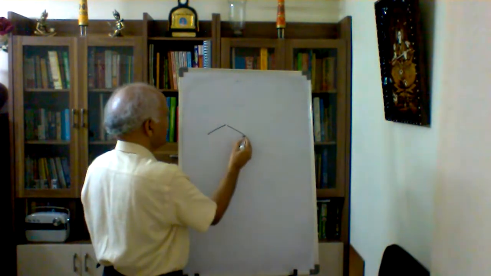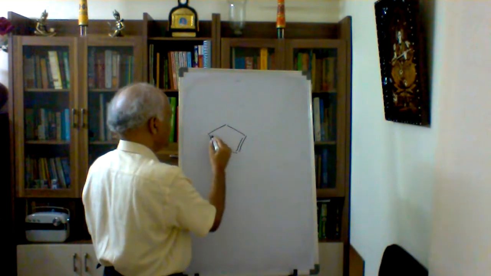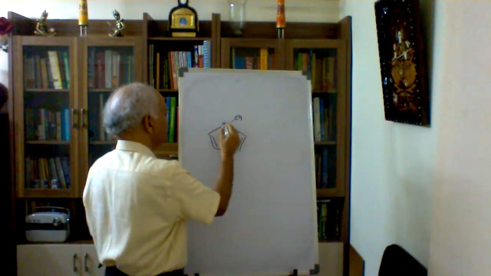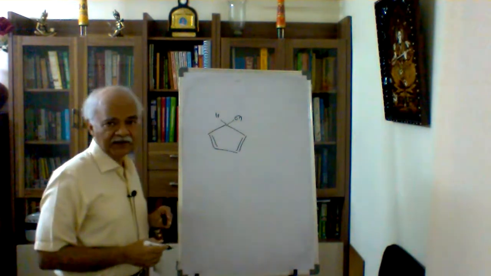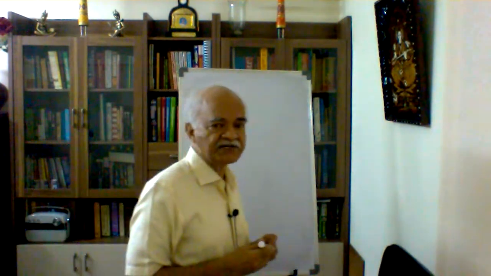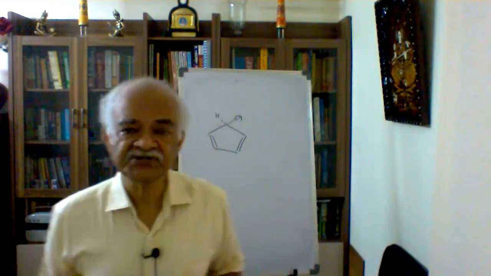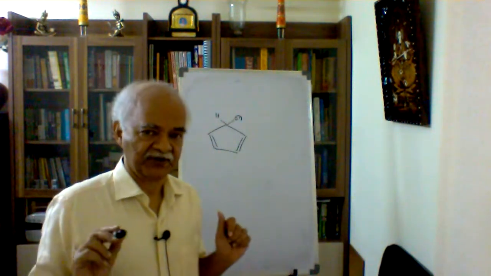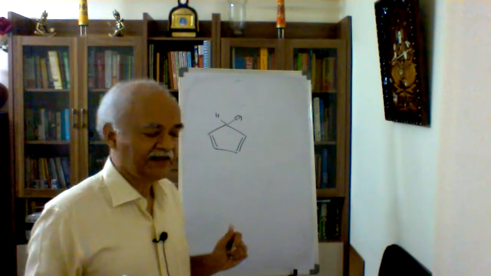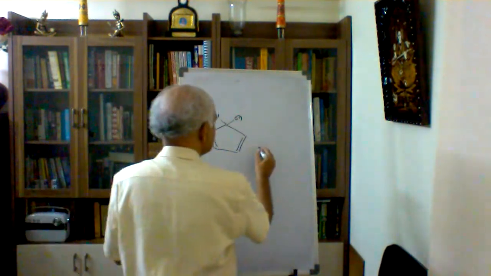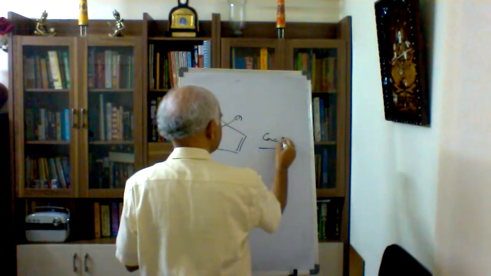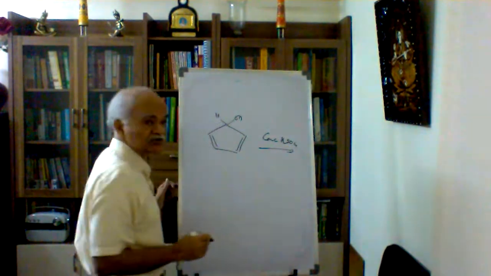Suppose, imagine I am taking a molecule again, cyclopentadiene with an OH group here, an alcohol. Remember, you must have encountered a large number of reactions where alcohols in the presence of concentrated H2SO4 lose a water molecule easily. Correct? Therefore, again, to this I am adding concentrated H2SO4.